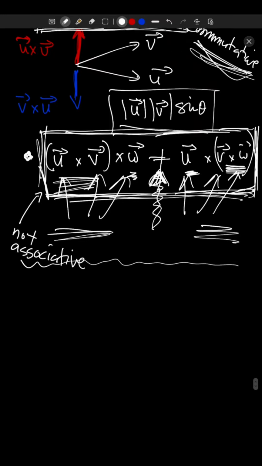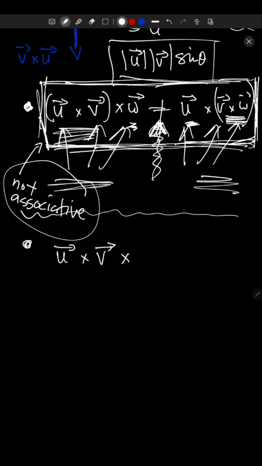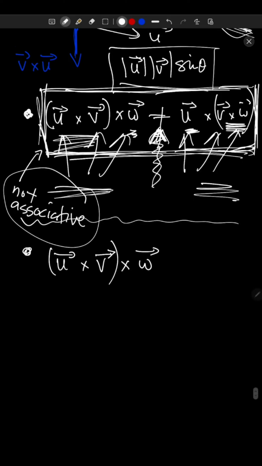By the way, something interesting in terms of this not being associative: it's kind of dangerous to write an expression just like this, because it's not clear whether I mean for you to do this first, or this first. That ambiguity can obviously cause problems.